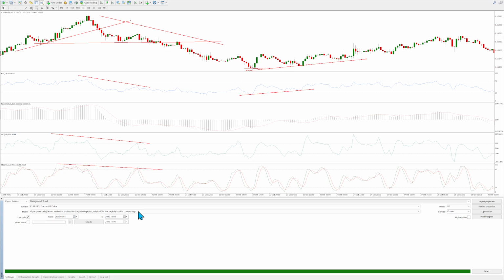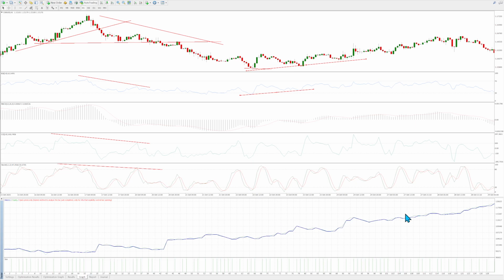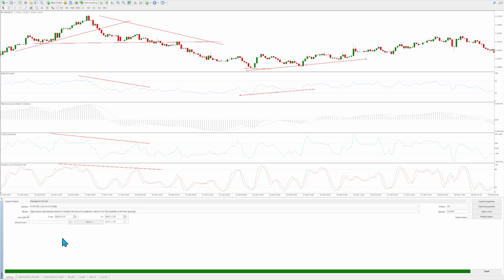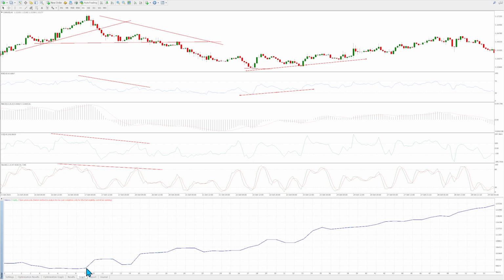And there are some developers who will just throw together loads of settings, find what looks good over a back test, and sell that as a complete best EA ever. However, that's known as curve fitting, which is basically you'll always be able to find good, most of the time, good settings for a particular instrument and historical data range. So if we just run these settings, this is the past year of these optimized settings.